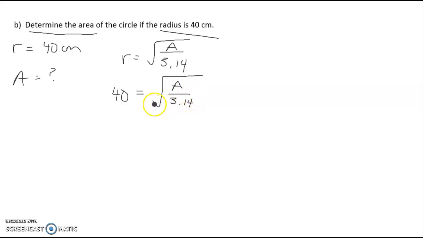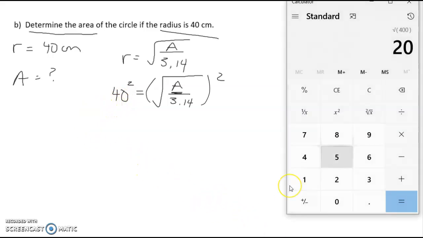Okay, so the first thing we need to do is solve for A, right? So we need to get rid of the square root. The opposite of square root is squaring. So if we take the square of this side and the square of this side, 40 squared gives us 1,600.